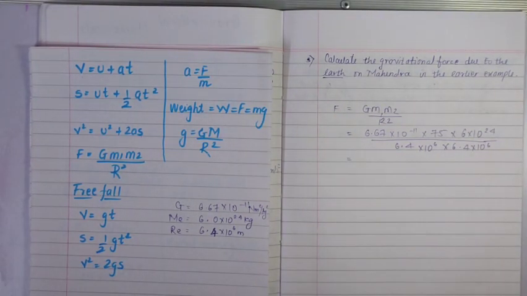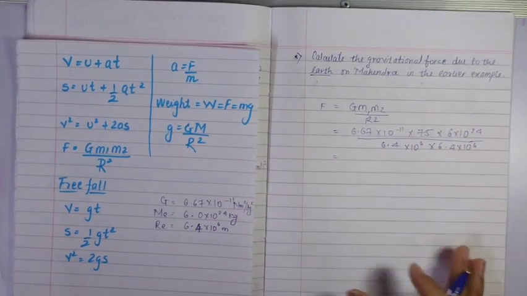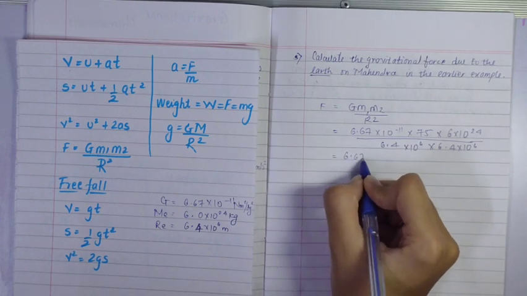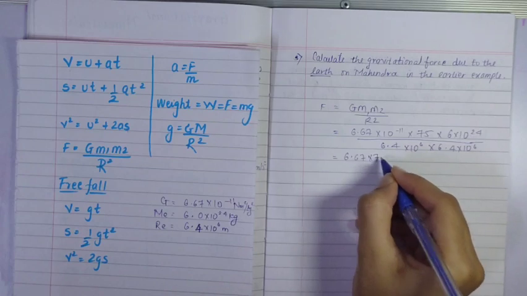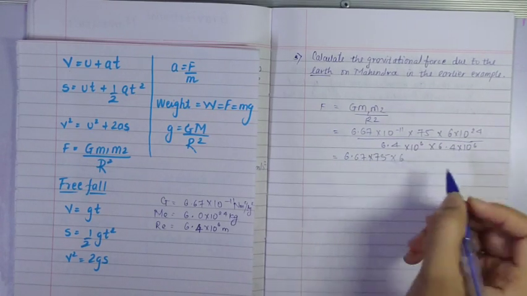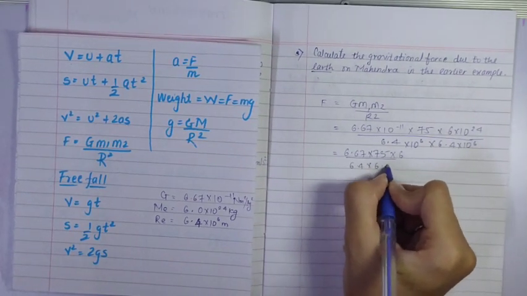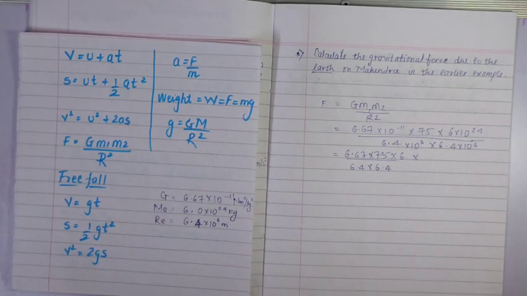Now we need to calculate this. Pay attention here now. What I will do is I'll take all my numbers on one side and all my raised to numbers on the other side. So I'll just calculate this 6.67 into 75 into 6 upon 6.4 into 6.4 into, now I'll calculate only my indices.